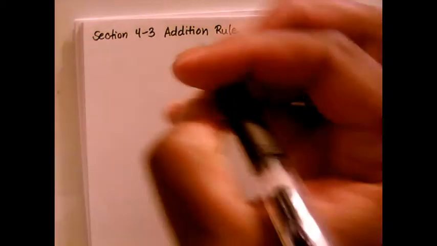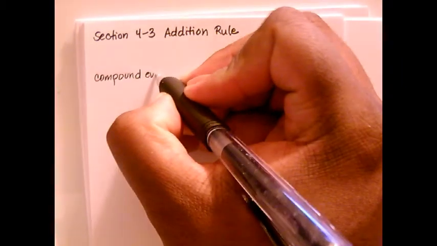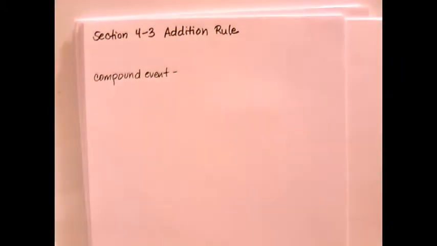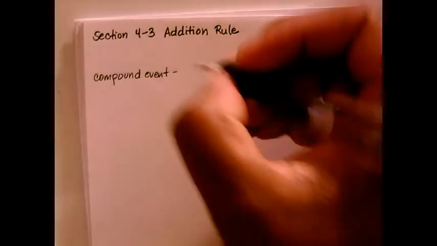Okay, so let's start off with a definition here. We'll start off with a compound event. Now, usually compound words have the word "and" in them.